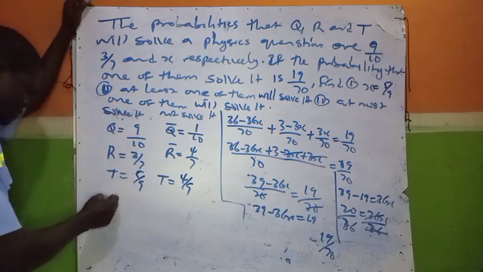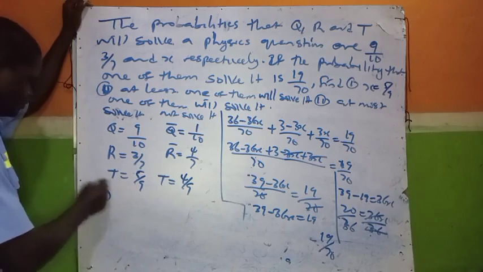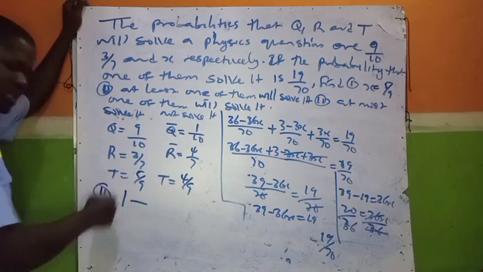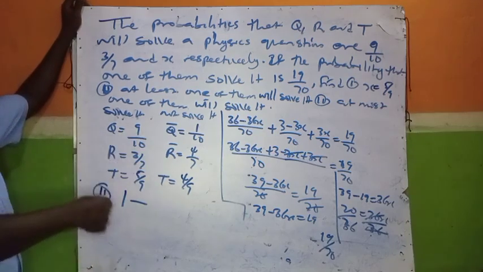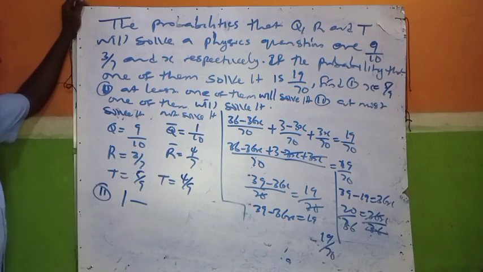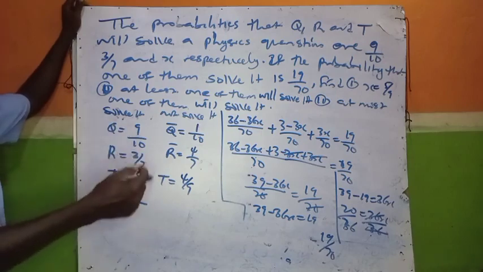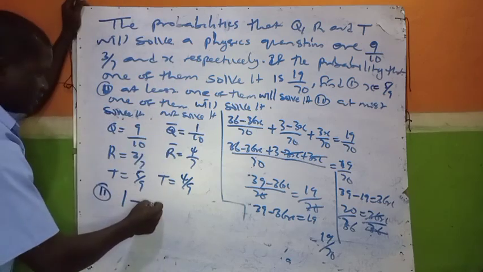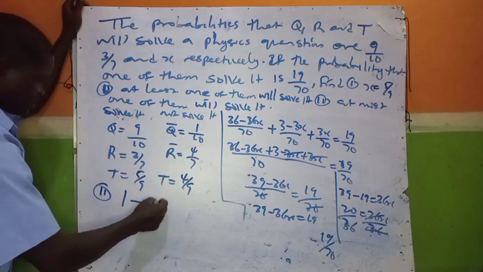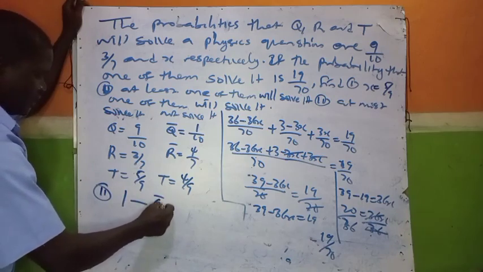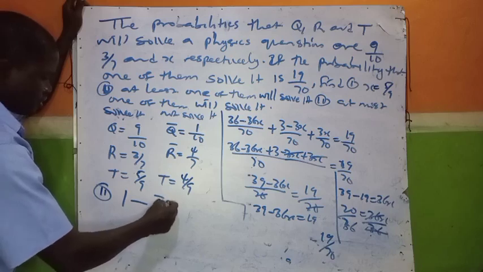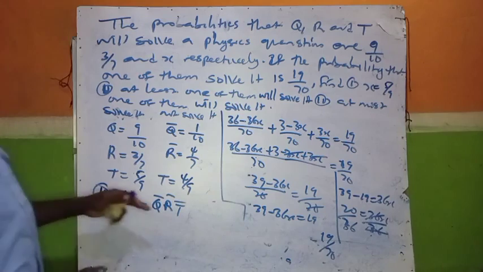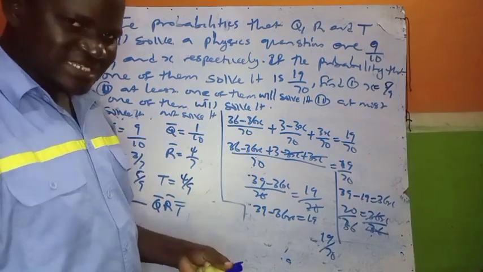You can do it like this: the probability that at least one of them solves it is equal to 1 minus the probability that none of them solve it. So it's going to be 1 minus q, r, and t. So this one is equal to at least one of them.